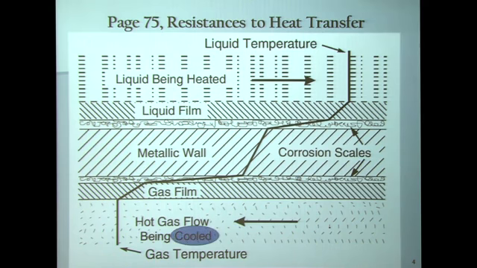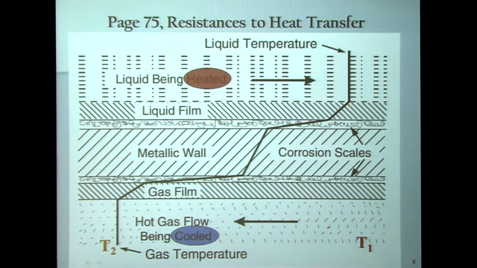We start with a fluid being cooled, from temperature T1 to temperature T2. On the other end of the heat exchanger, we have a fluid being heated from a temperature of little t1 to little t2.